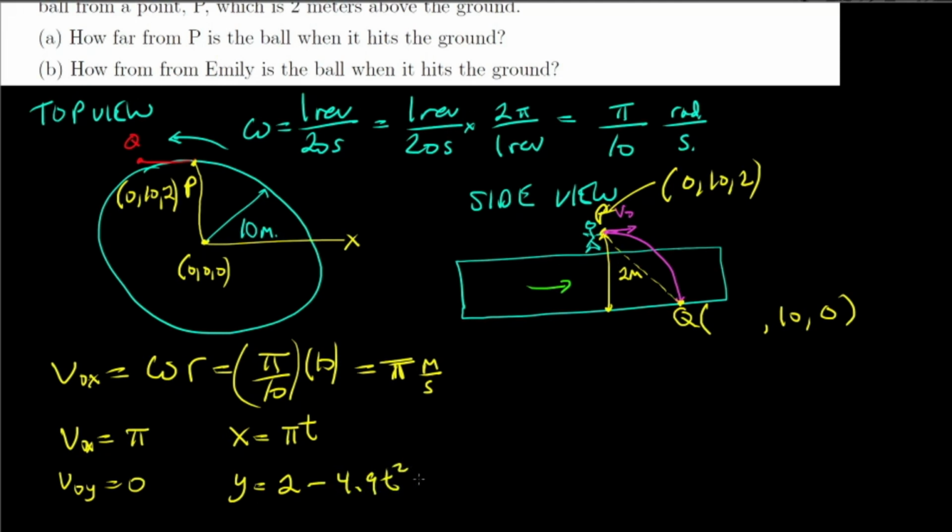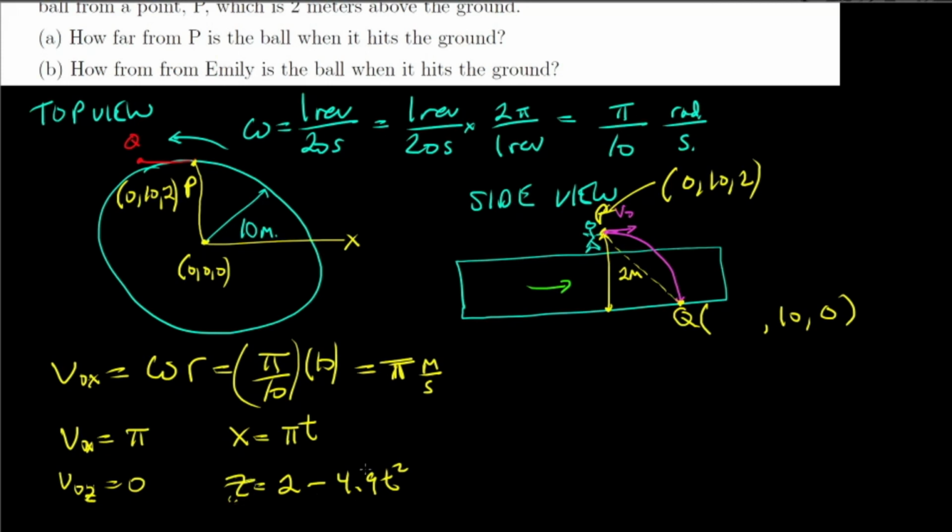So when the ball is on the ground, oh, sorry, now I'm mixing up my y's and z's here. Yes, sorry, y is always 10. This is z here, and this is also a z here. So this is the height of the ball, z.